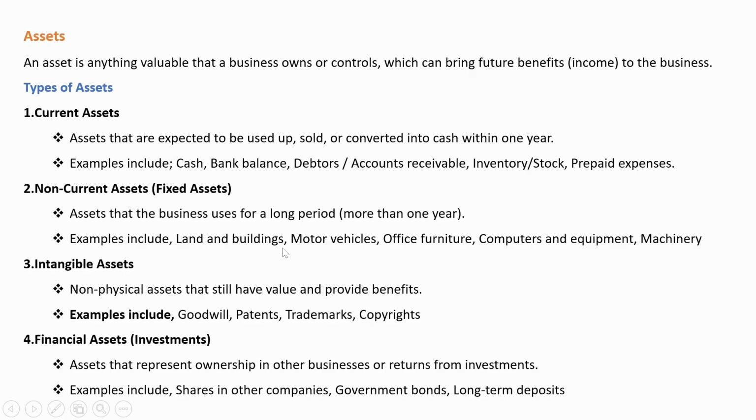We have land and buildings, motor vehicles, office furniture, computers and equipment, machinery. These assets are the ones that the business keeps for more than 1 year, for many years. So that is a non-current asset.